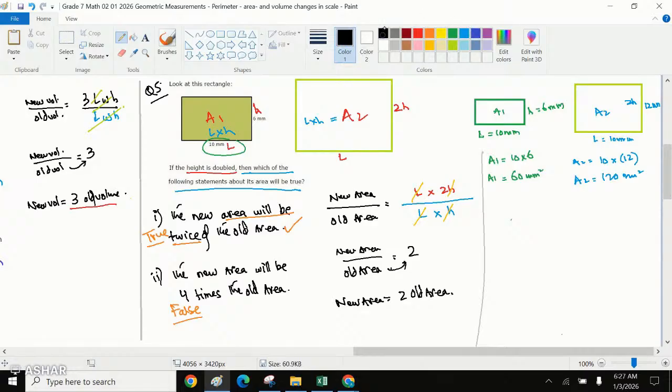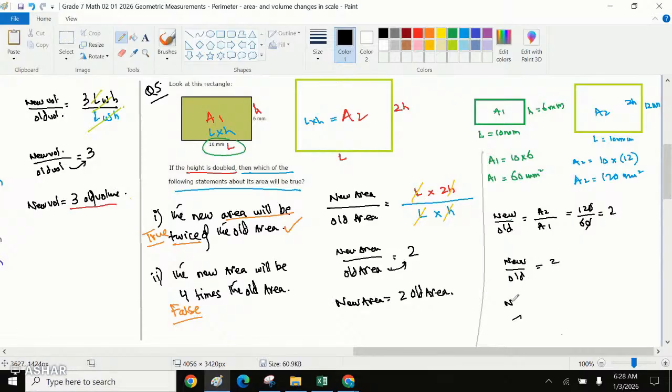And we can say that new area upon the old area would be A2 divided by A1. We can say 120 divided by 60. That means 2 is left. So we can say new upon the old is still equal to 2.